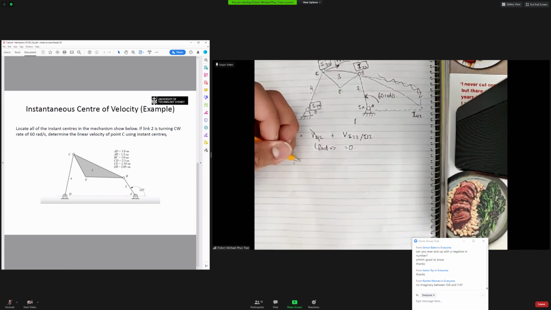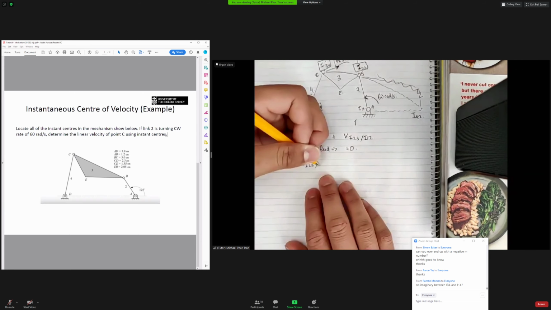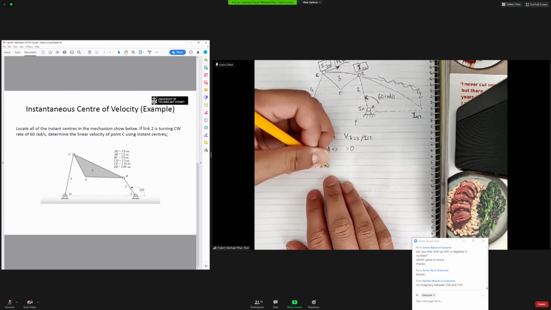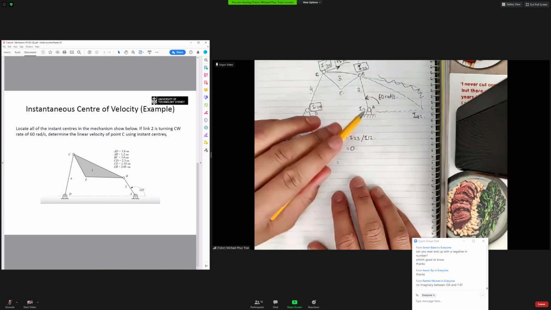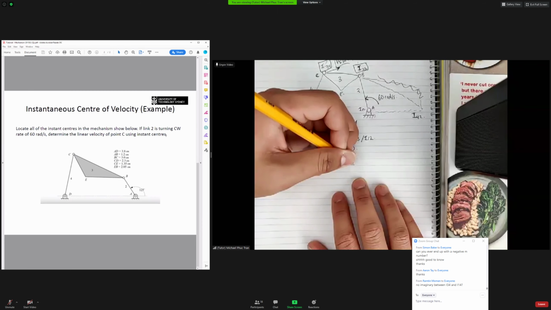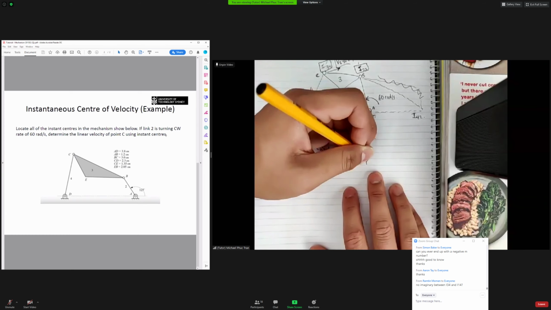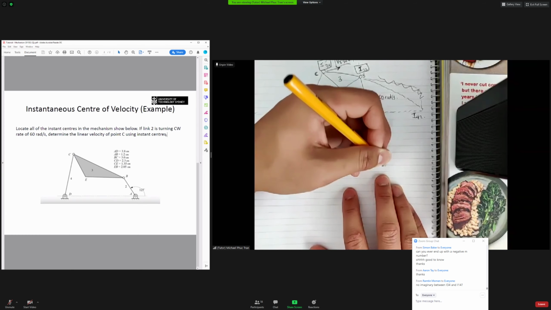So next, VI23 in respects to I12 is that radial velocity times I23, I12.